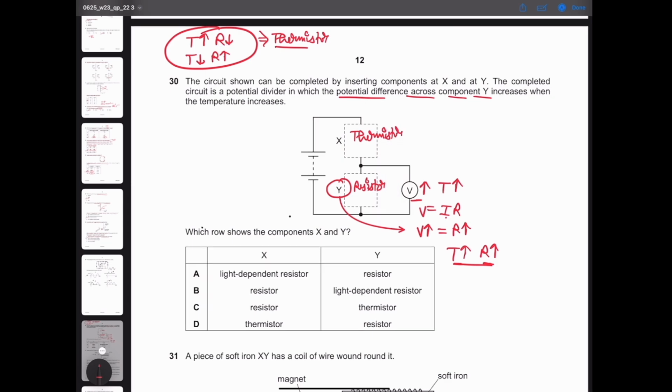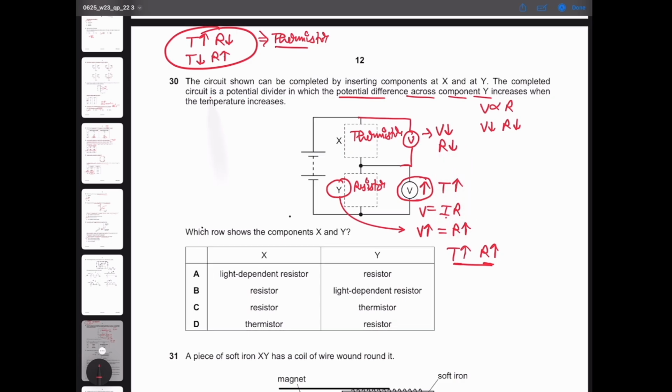But if you're still not clear, let's apply the reverse logic as well. If the voltage here is increasing, the voltage here in X must decrease because it's a series circuit and voltage splits in series. Now V is directly proportional to R. If V is decreasing, R must also decrease. Now read the question again.